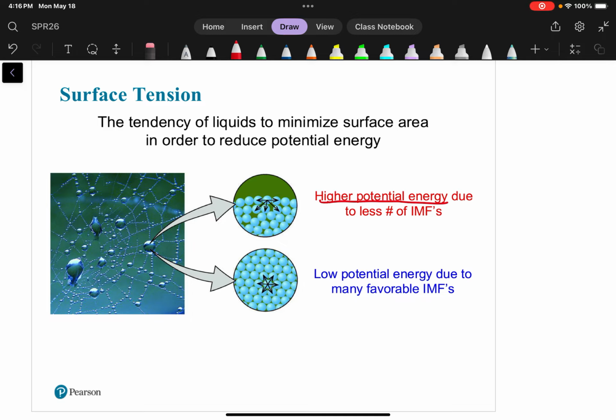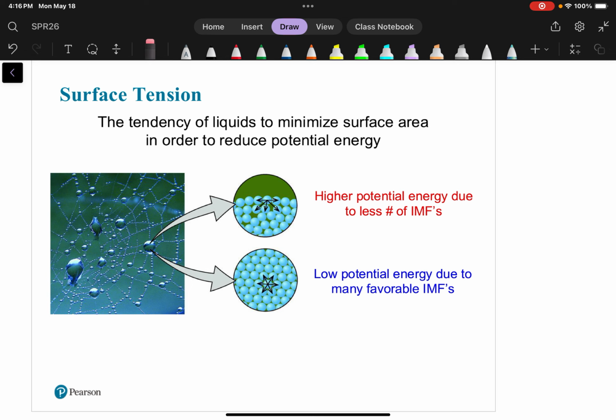Because systems naturally want to minimize their potential energy, the surface molecules will be pulled inward, so pulled this way. And that allows the intermolecular forces to be a little bit stronger and minimizes energy.